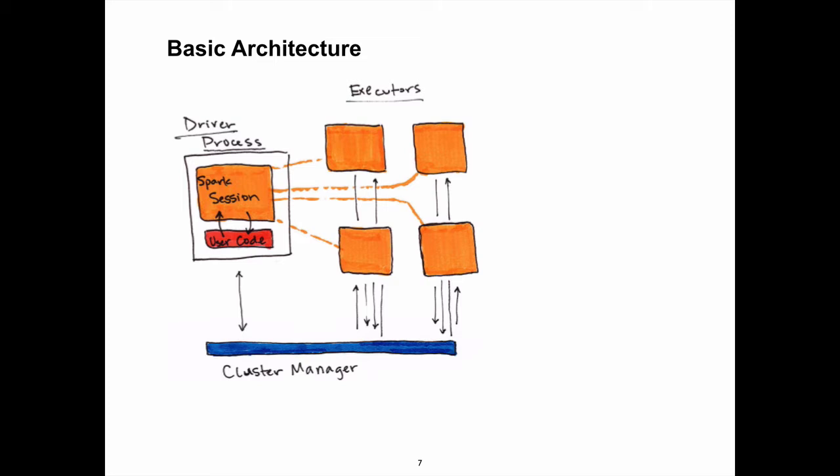But to do all that, they have to talk to a cluster manager so it knows how many machines are there, what their IP address is, how to talk to them, what their load is, all kinds of stuff, right? So when you run Spark on a cluster, we get this basic architecture where the code you write interacts with the Spark session, and it then drives everything, right? When you run it on a local machine, we don't need the cluster manager. But when you run on a local machine, if you've got multiple cores, you can have multiple workers.